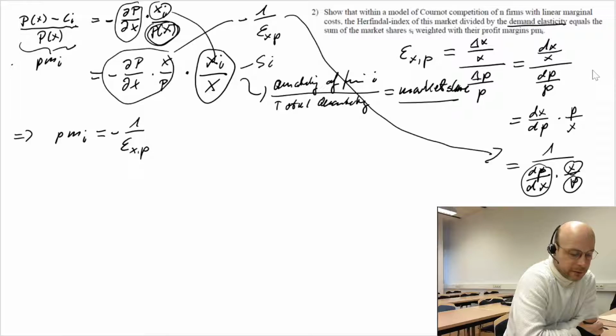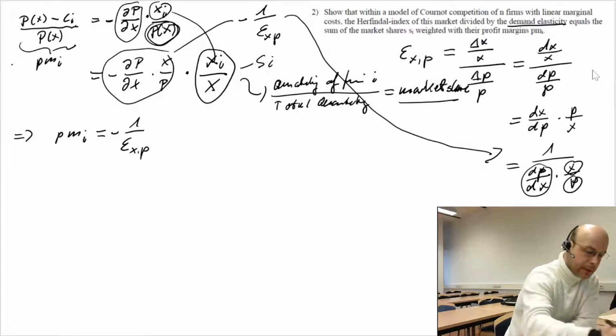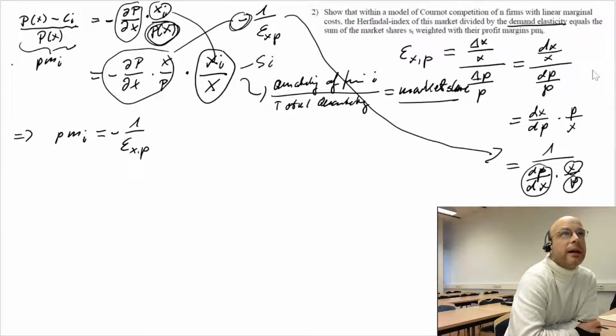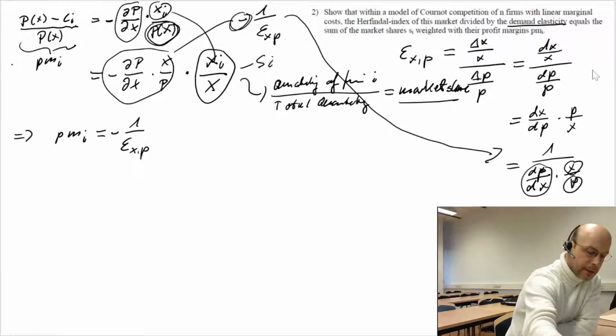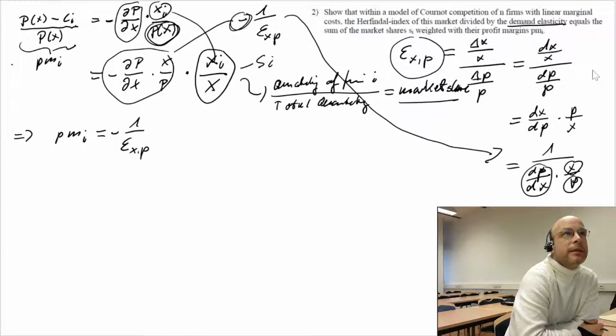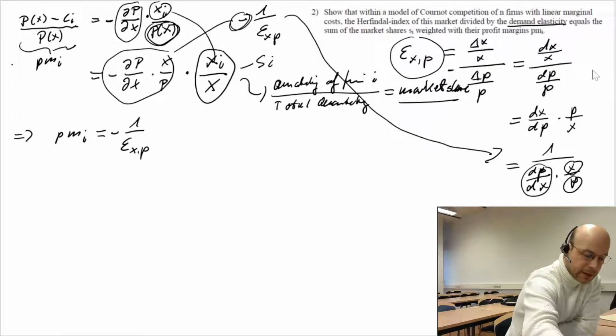And to get rid of this minus sign, quite often we just define, since we know that the demand elasticity is of course in general for normal goods negative, then also quite often we define this as minus, or the absolute value.